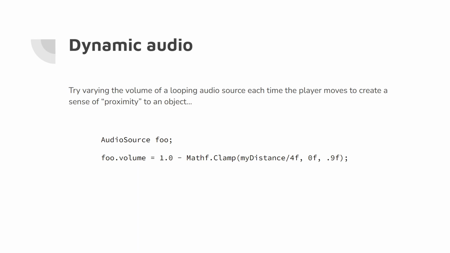Yeah, 0.9, right? You say, okay, it can't be 1 because that would be outside of this range, so this function is going to return 0.9. That 0.9 is going to be subtracted from 1 to give us 0.1.